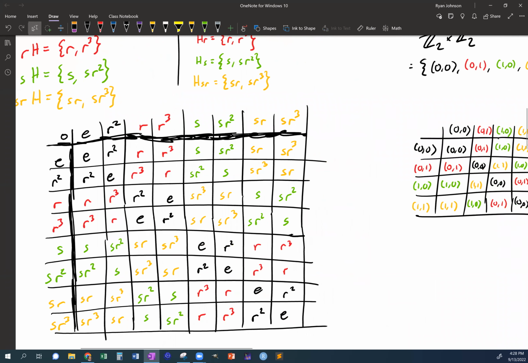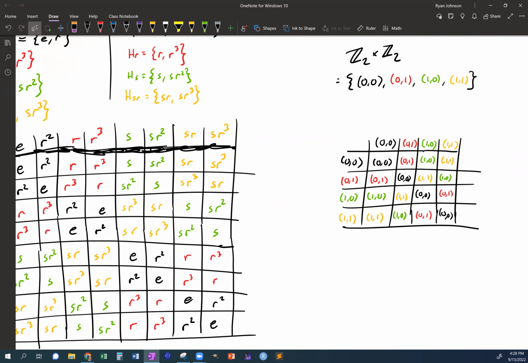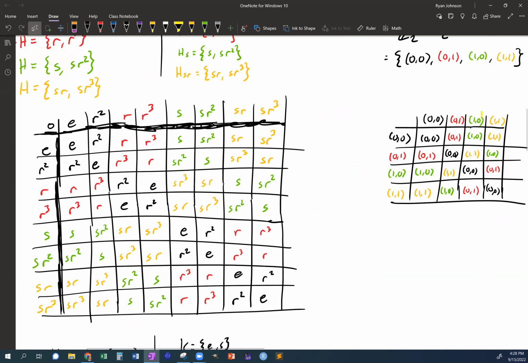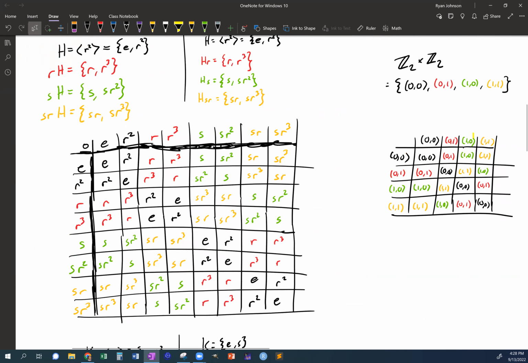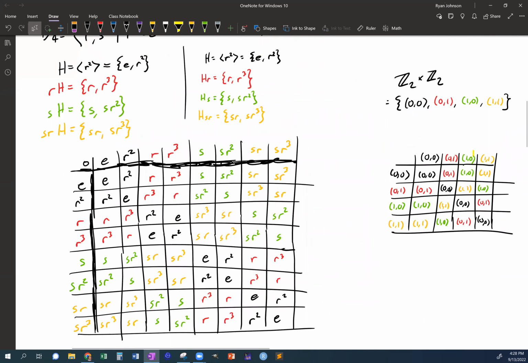If you think about going back to what's called the Klein 4 group, or Z2 cross Z2, and you color your elements black, red, green, orange, and order them the same way, you get exactly the same color scheme with Z2 cross Z2 as you do for the group D4, with the color scheme going with that subgroup of E and R squared.